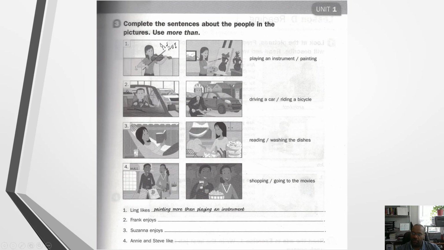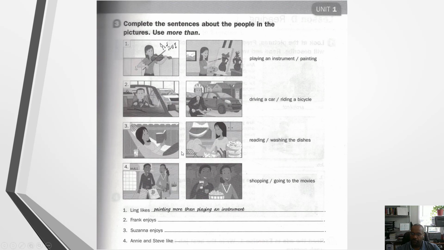So I would say she likes painting more than playing the violin or playing an instrument. Picture number 2, this guy doesn't look happy to be in traffic, but he looks happy riding his bike to work. So using more than, I would say he likes riding a bicycle more than driving a car.